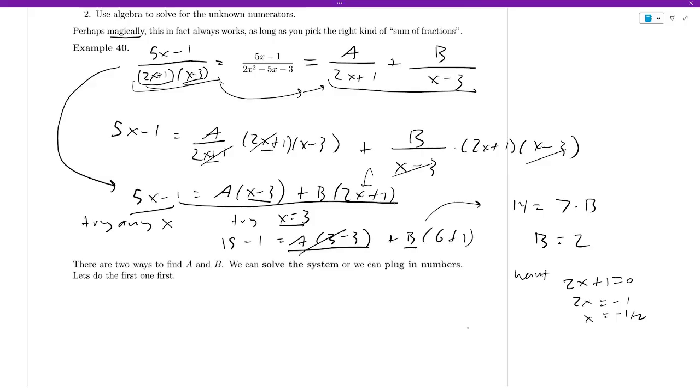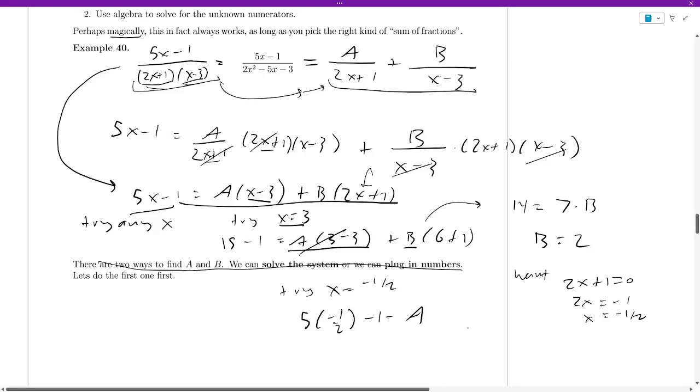So let's do that. Let's try. So we'll come back to this. But continuing, we'll try x equals negative 1/2. So we get 5 times negative 1/2 minus 1, and that equals a times negative 1/2 minus 3. And then I don't even have to write the b part because I know that's going to be 0. Now again, we just have an a, so we just have to simplify a bit.